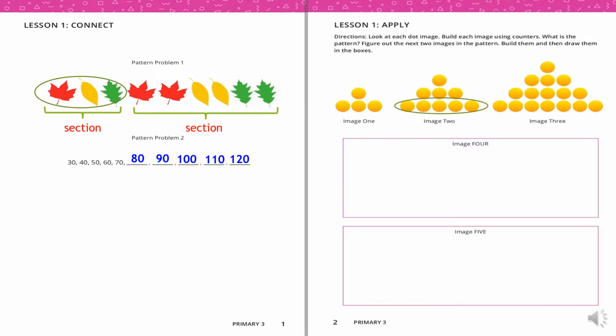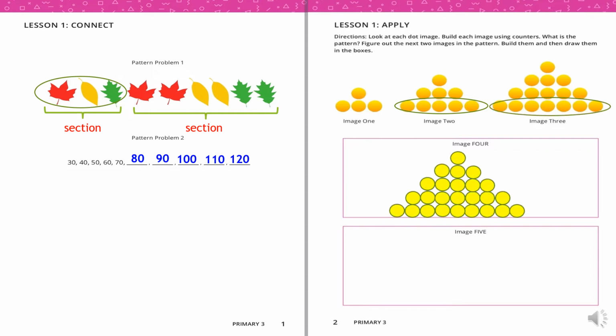Each time I add a below row with 2 more dots than the upper row. So image 4 will be 1, 3, 5, 7, 9. Yes, each time I will add a below row with the next odd number.